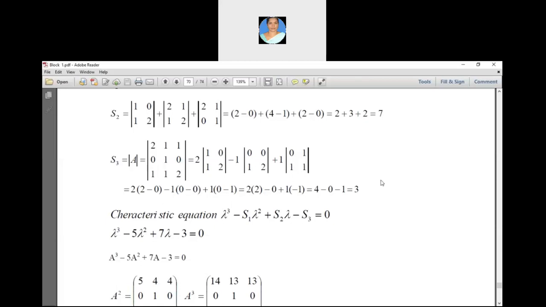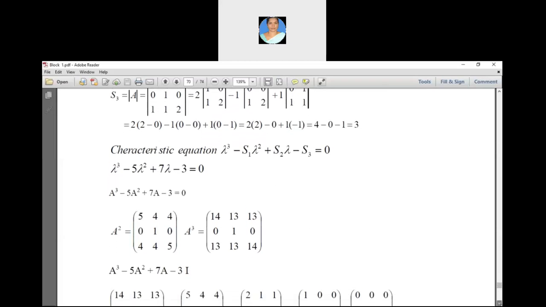The next one is the Cayley-Hamilton theorem. So that is A cube minus 5A square plus 7A minus 3 equal to 0, where lambda equals A. So substitute in our characteristic equation.